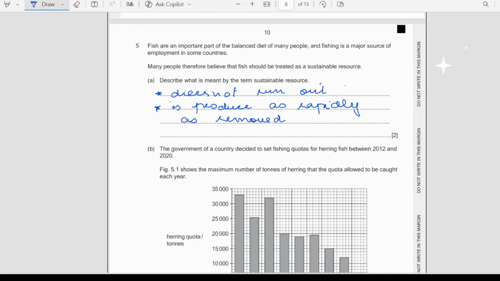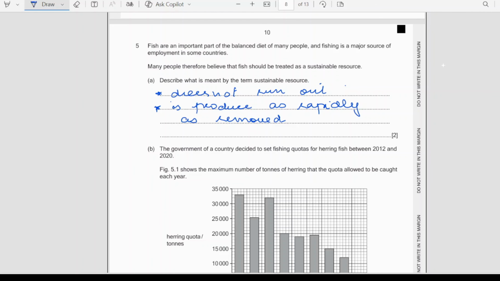Educating the people. No, that is related to geography and other things. Close seasons, okay. Exactly, it shouldn't be done in the breeding seasons.